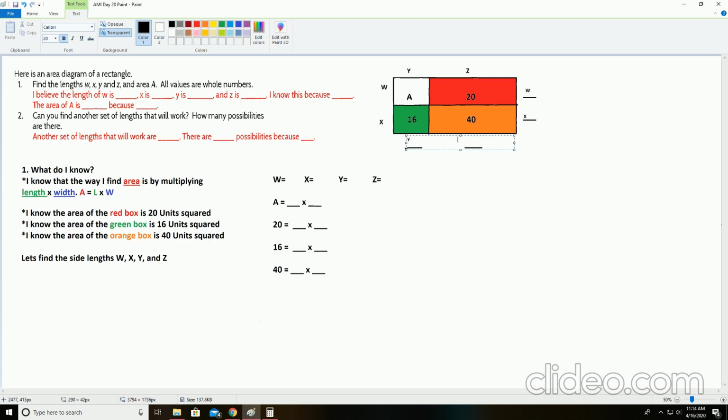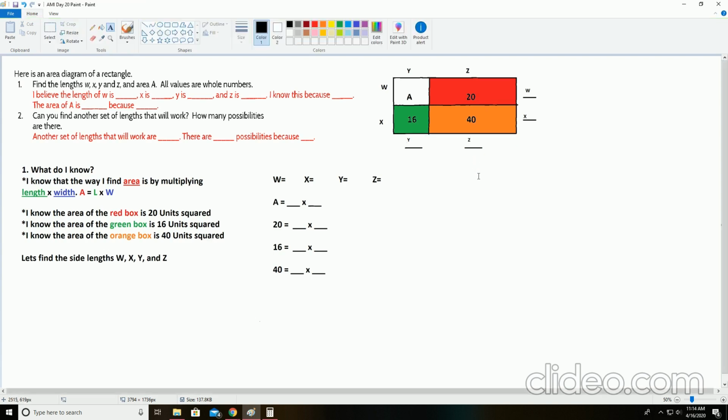This line under here is going to be Z. All right, so now that we know that this is W, this is X, Z, and Y, just like the opposite sides, I think that's going to help make this a little bit easier.